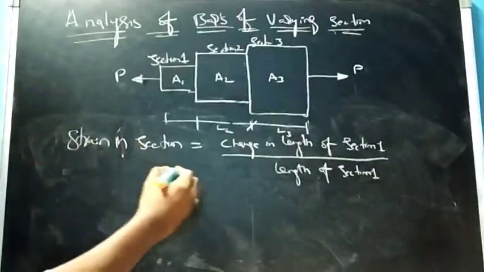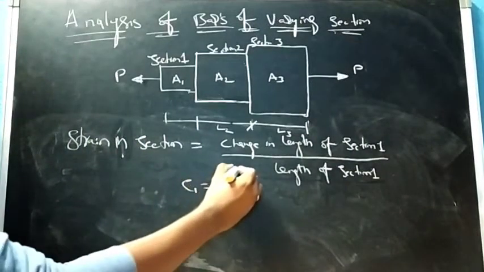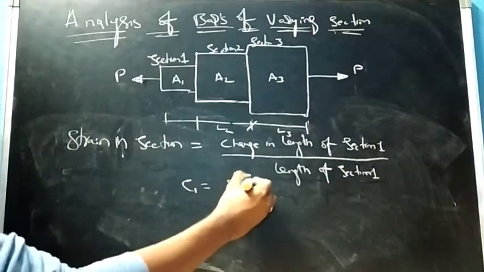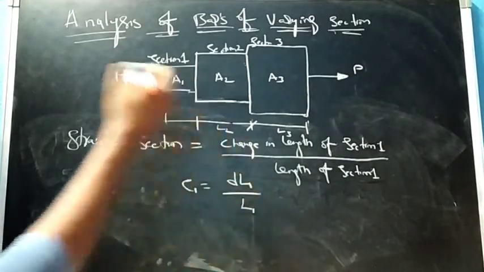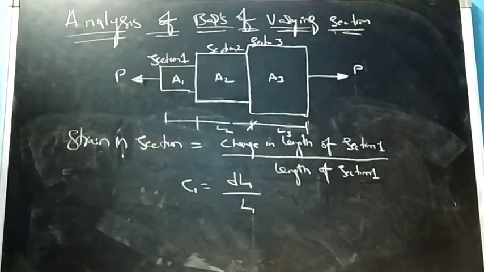Clear? So epsilon 1 equals, let's say dl1 is the change in length, by the original length.